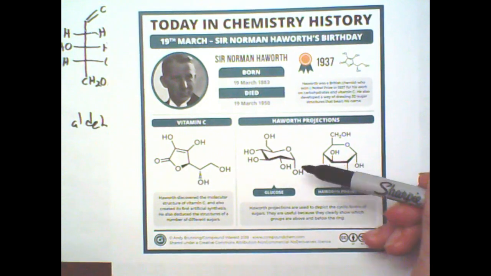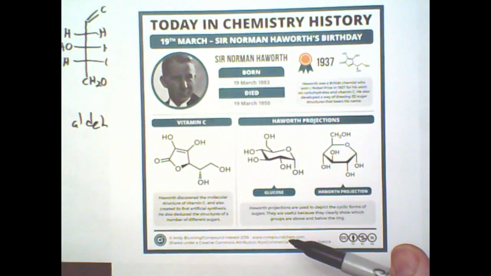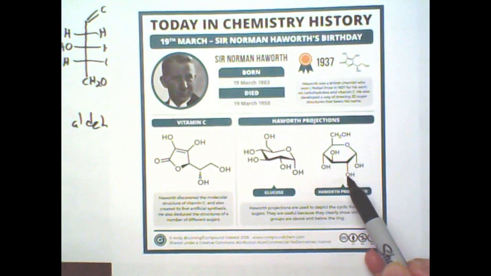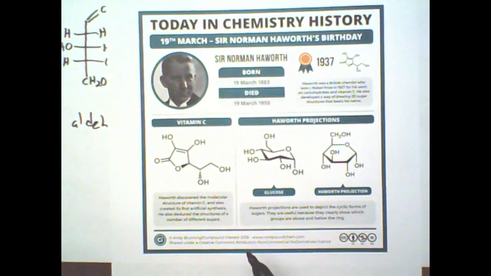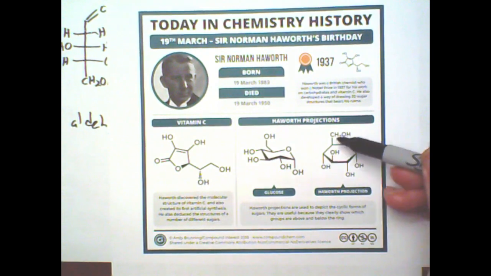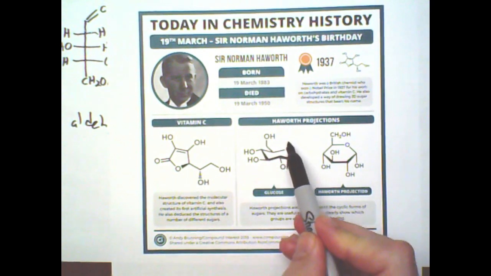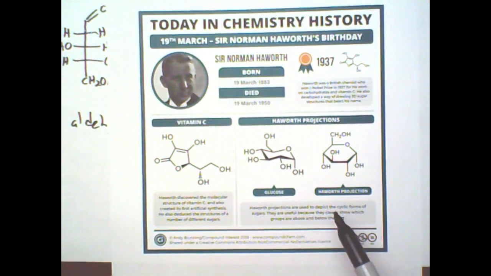This one here is sticking down, and here it really is down, whereas this down one is out and down a little bit. So there are things that you lose in these projections. Like in the Fischer projection, it looks very flat. You have to imagine the stereochemistry in this. Things are right angles, which doesn't match reality.